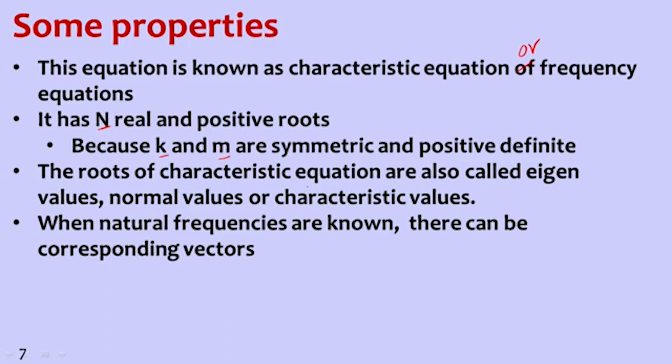The roots of the characteristic equation are also called eigenvalues, normal values or characteristic values. When natural frequencies are known, there are corresponding vectors. For lambda 1, the natural frequency or eigenvalue, there is one vector, phi 1. For lambda 2 we get phi 2, for lambda 3 we get phi 3.